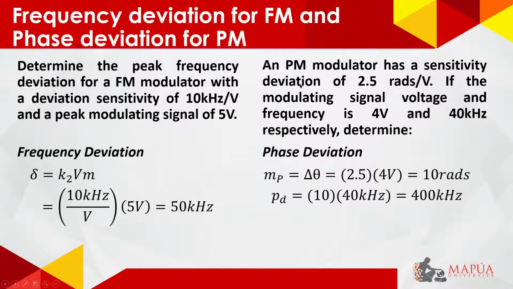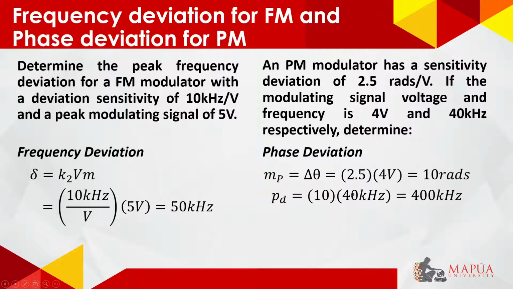And for the phase deviation, a PM modulator has a sensitivity deviation of 5 rads per volt. If the modulating signal voltage and frequency are 4 volts and 4 kHz, effectively determine the phase deviation.